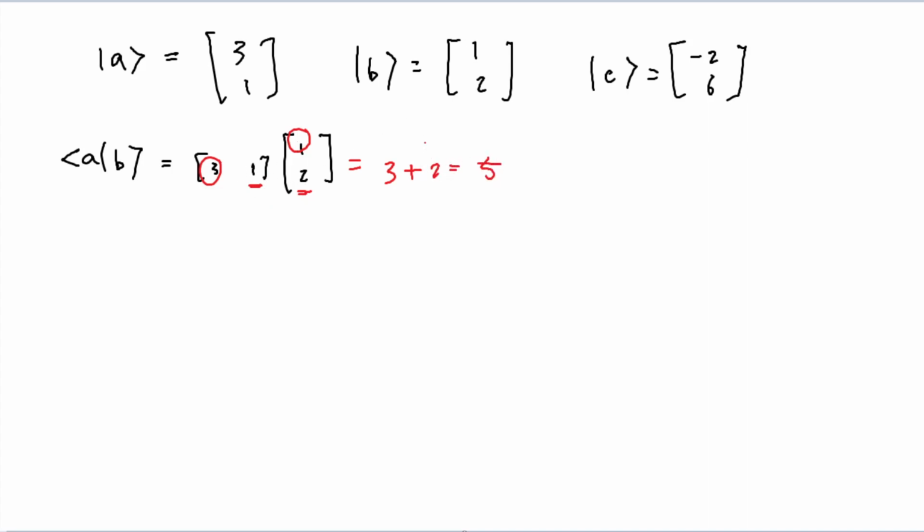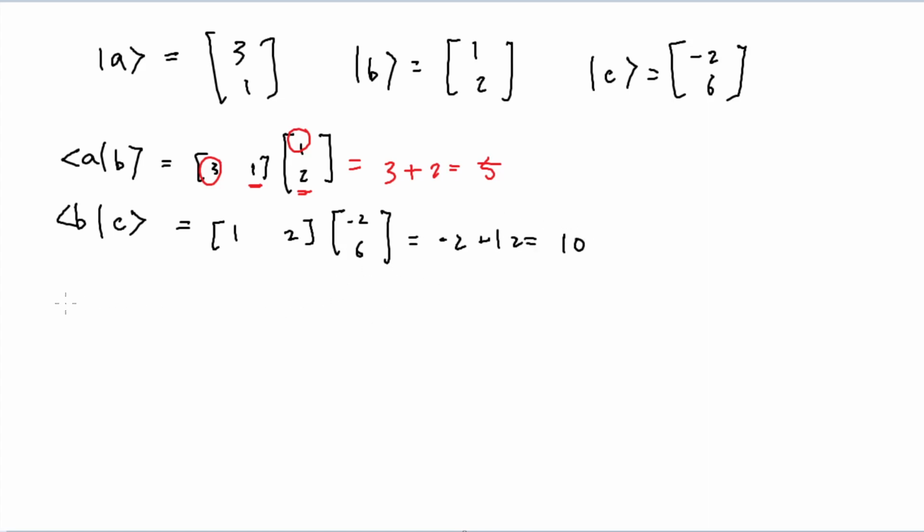And then let's consider the next combination, which is B times C. Writing that out once again, 1 and 2 multiplied by negative 2 and positive 6. If you match them up, 1 times negative 2 is negative 2, and this is basically just going through the algebraic notions, plus 12, since 2 times 6 is 12, which is equal to positive 10.